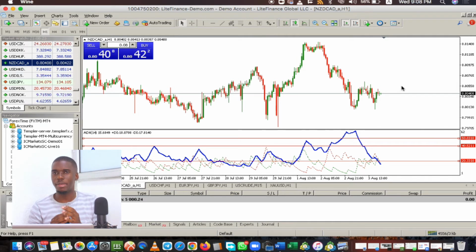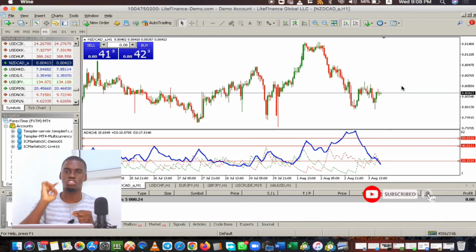Now, the moment it crosses 20 signifies an emerging trend. When it is between 20 and 40, this signifies a trending market. Usually, when the ADX is below 20, this means that the market is ranging.